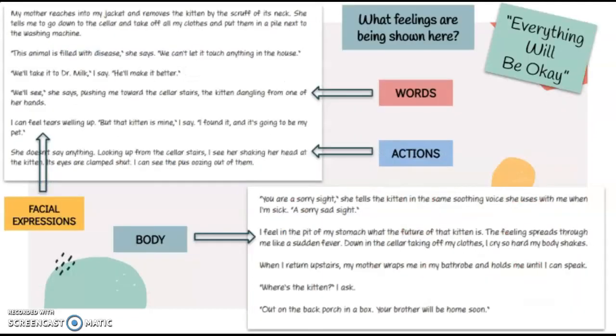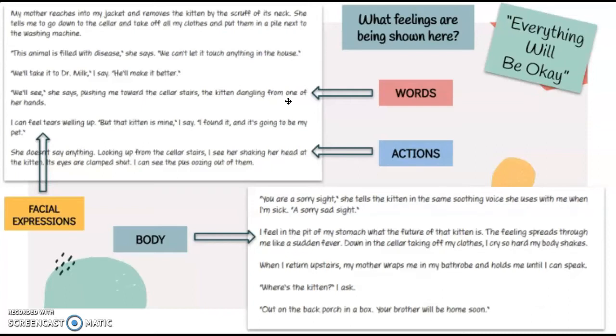So what feelings are being shown in these parts of the story? First, notice how he says that his mom pushes him towards the cellar stairs with the kitten dangling from one of her hands. How do you think he feels when this kitten that he so values is dangling from his mom's hand?